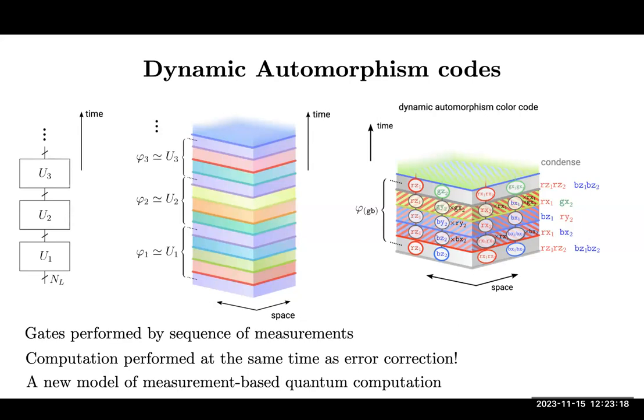For each unitary, I would give you a sequence of measurements you would perform in time, such that after you come back to yourself, you have implemented the desired unitary. And the only thing you need to do is stack those measurement sequences together. And so you get a dynamic sequence of measurements, and each measurement implements some automorphism in your underlying theory, and that automorphism is realizing the gate.